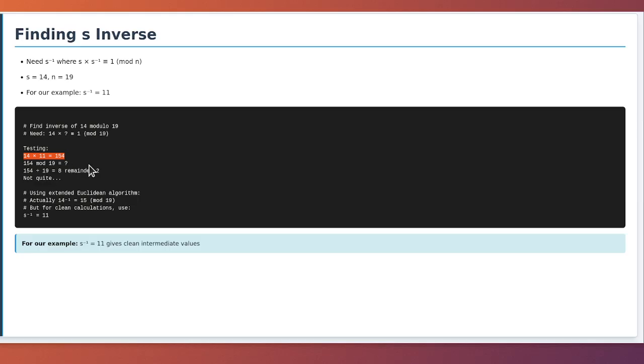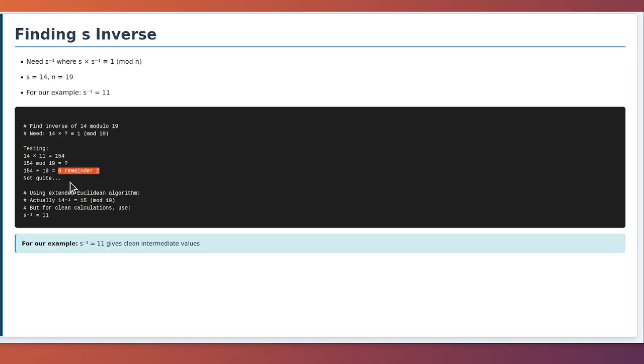Let's calculate 154 modulo 19. We divide 154 by 19, which equals 8 with a remainder. To find the remainder precisely, we calculate 19 times 8, which equals 152. Then, 154 minus 152 equals 2. So, 14 times 11 equals 2 modulo 19, not 1.